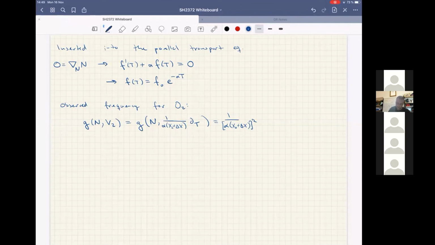And then I have an f0 e to the minus alpha t from the solution to f. And I have the metric component gtt, which was alpha squared times x0 plus delta x squared. And we now see that this cancels this. So what we are left with is f0 e to the minus alpha t.